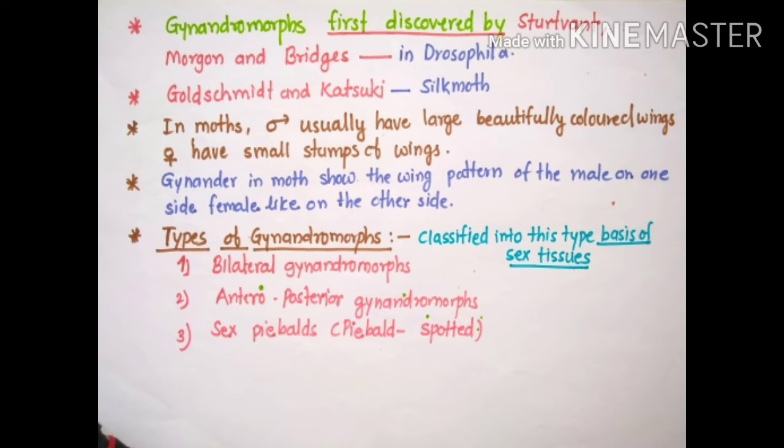Later on, they were also found in silk moth, and such Gynandromorphs were discovered by Goldsmith and Katsuki.